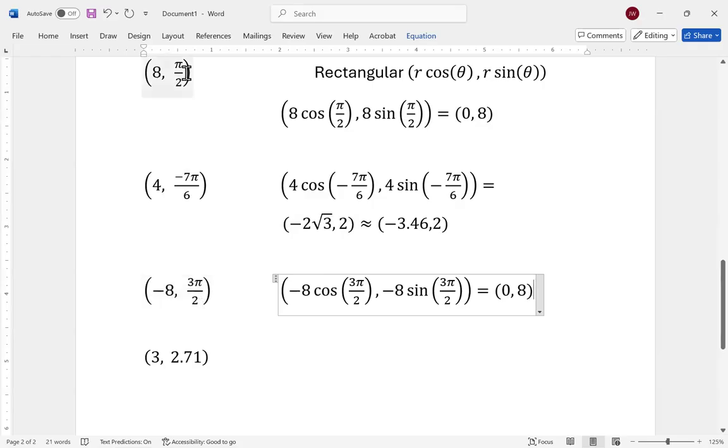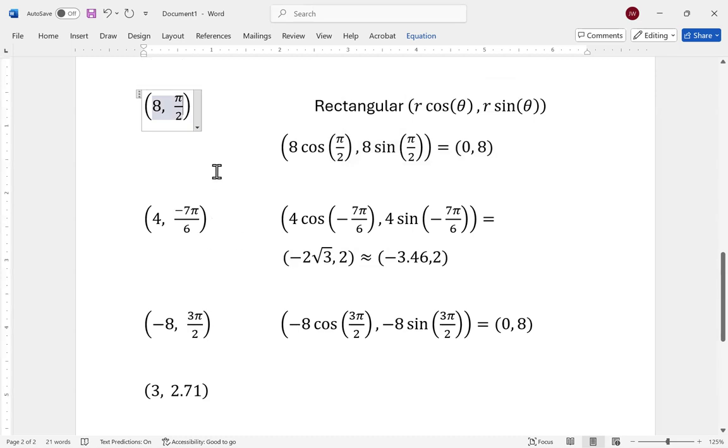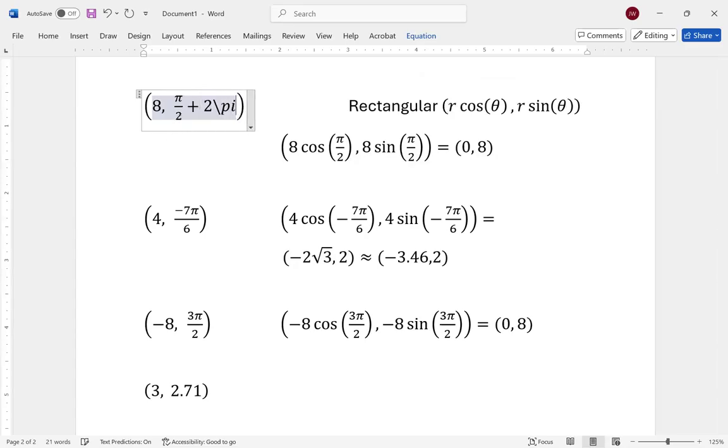We can have lots of different angles that give us the same point, because anytime you add on 2 pi, for instance, if you take 8 comma pi over 2 plus 2 pi, you've gone around the whole circle again and ended up at the same point.